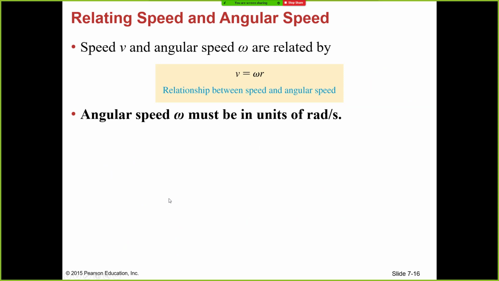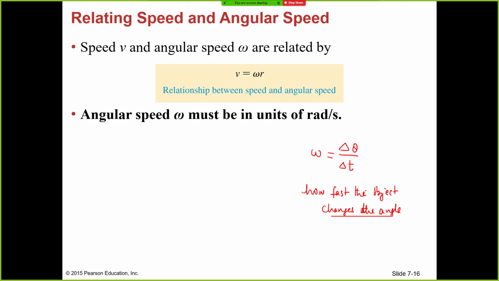Okay, so there is a relationship between angular speed and linear speed. So angular speed is delta theta over delta t. Okay, how fast the object changes the angle.